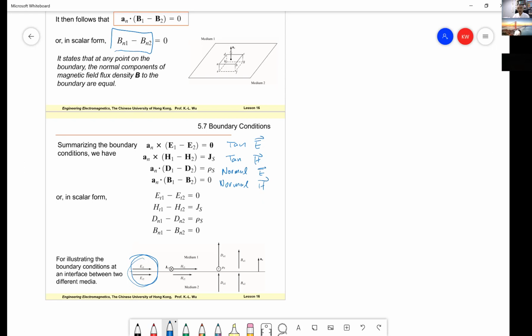That's why you see when we have a current J in the opposite direction of X, we have electrical field on both sides in the same direction, and they are continuous.